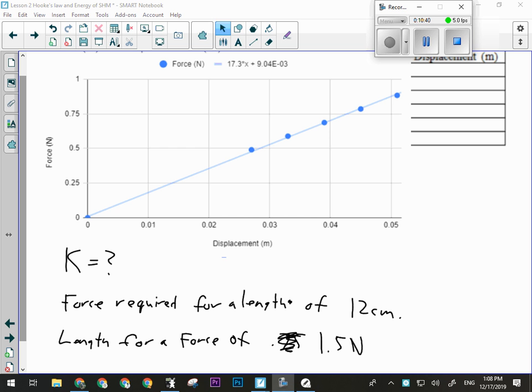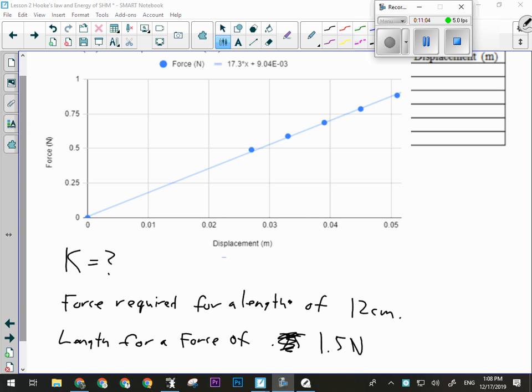Yeah, the spring constant for this is 17.3 newtons per meter. How do I know that? Okay, that's what the equation says, but how do I know the slope of this graph represents the spring constant? First off, the units come out to newtons over meters, which is what the units for spring constant are.